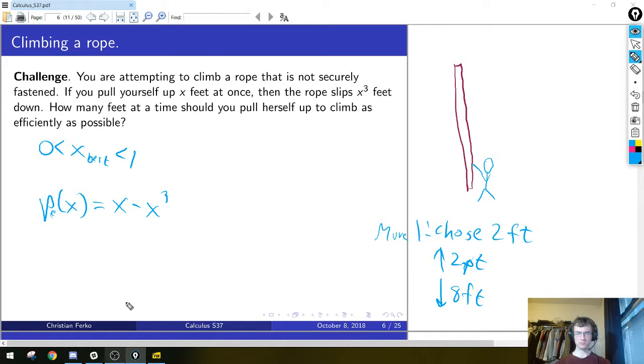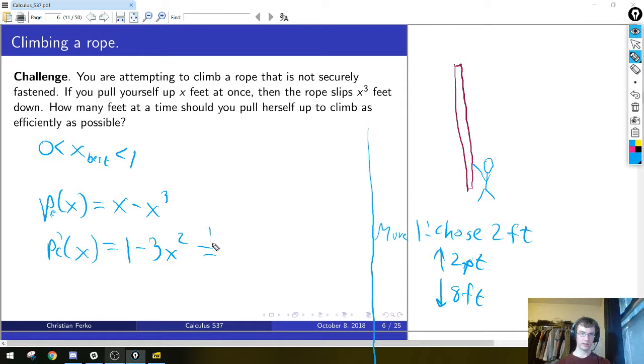Find some points where this is maximized. Good, okay. So how should we maximize? We can take the derivative and see where that equals 0. So p prime. Good, what's that? This is simply going to be 1 minus 3x squared.